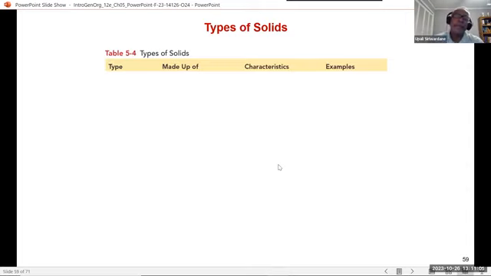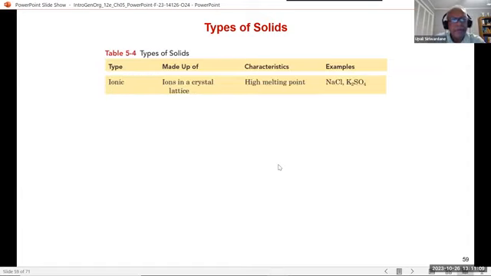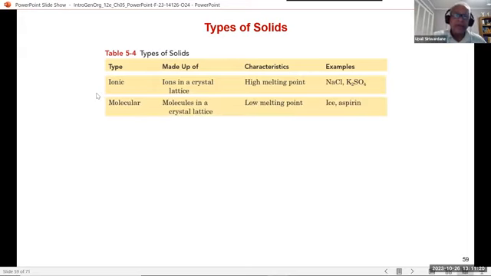Let's look at types of solid. There are 6 kinds of solid. First one is ionic solid. Second one is molecular solid. Ionic solids are formed by ionic compounds. Ions are found in the crystalline lattice. They are mostly crystals. They are high melting.